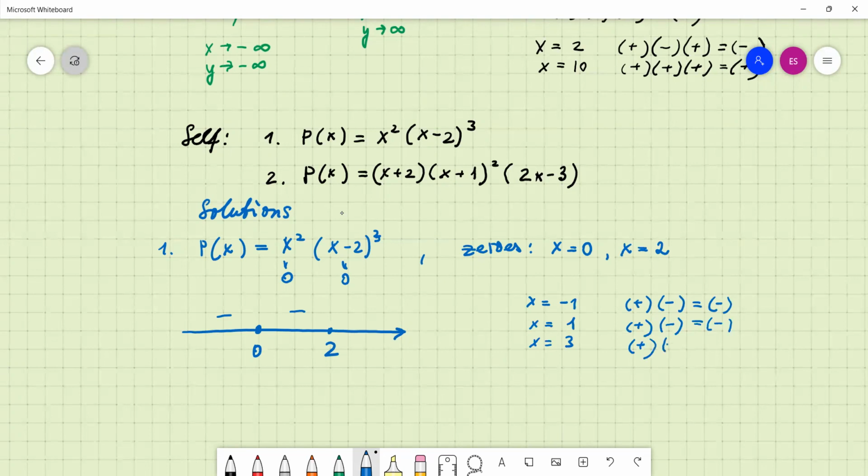If you cube it, you are going to have plus again. So we are going to have plus here. Now, how is the picture going to look? Well, you see we have two minuses. What does it mean? That the function has a 0 here, so it goes through the axis, but it does not actually cross it.